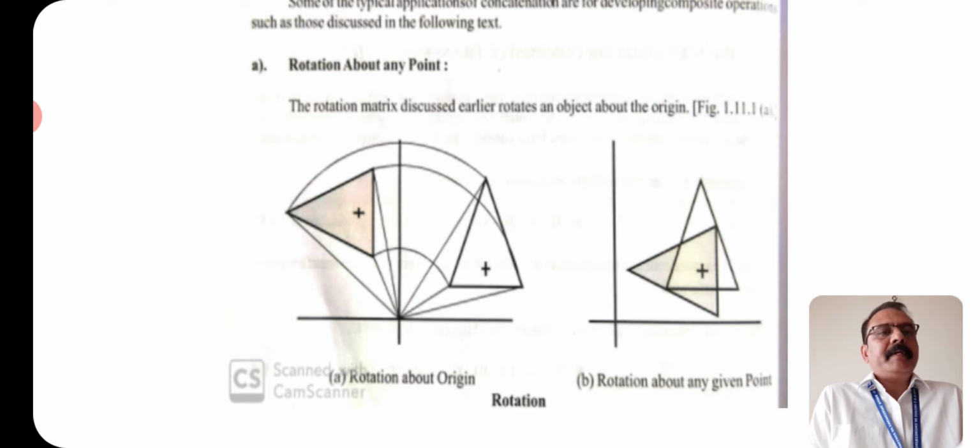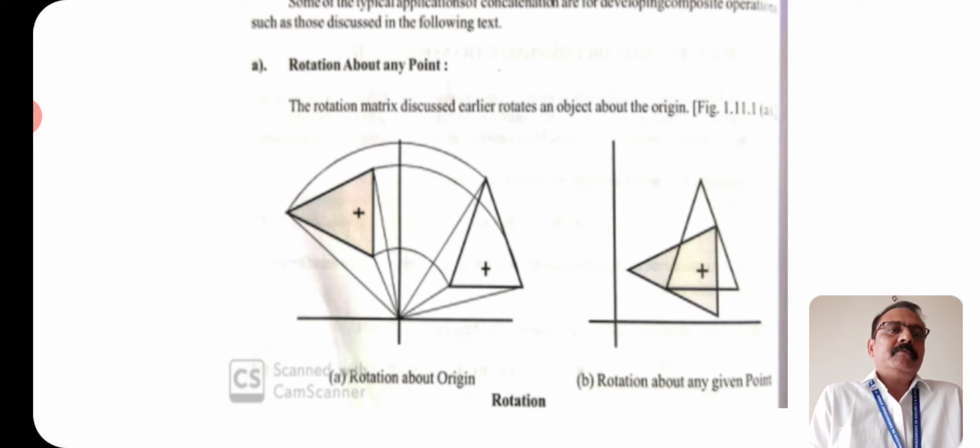Now see figure B: rotation about any given point. The plus sign is the point of rotation. We can't directly rotate the given triangle about an arbitrarily given point. Therefore, to rotate any image or object about an arbitrary point, we need to follow a certain sequence of operations. Remember, only rotation about the origin is achieved directly.